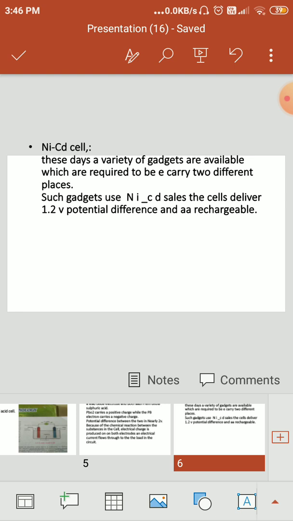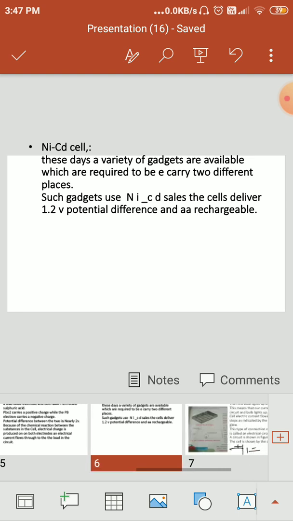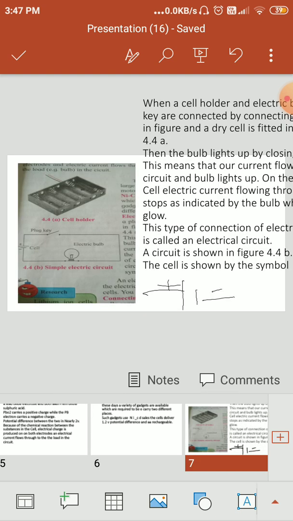But now, what is an electrical circuit? The most important point is: what is an electrical circuit? We will try to explain it with the diagram. Look at the diagram, there are figures 4.4a and 4.4b. This cell holder diagram you can find in your clock, in the remote of your set-top box, the remote of your TV, and AC. There is such a cell holder.